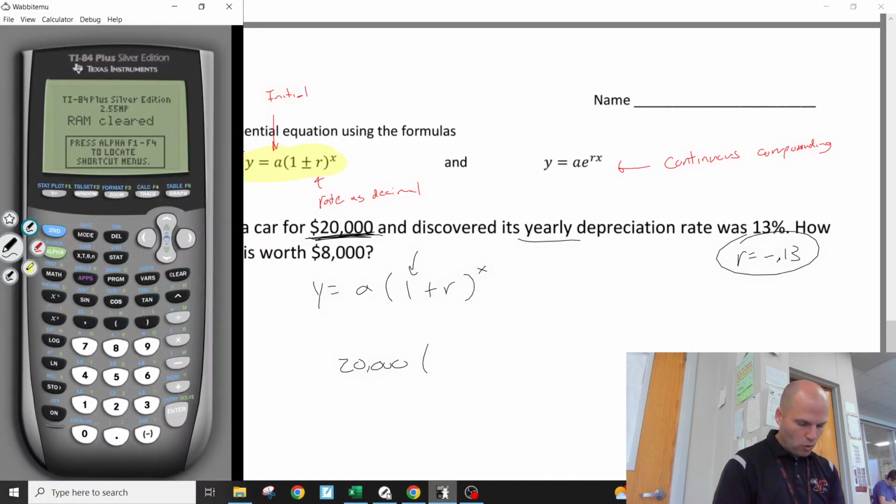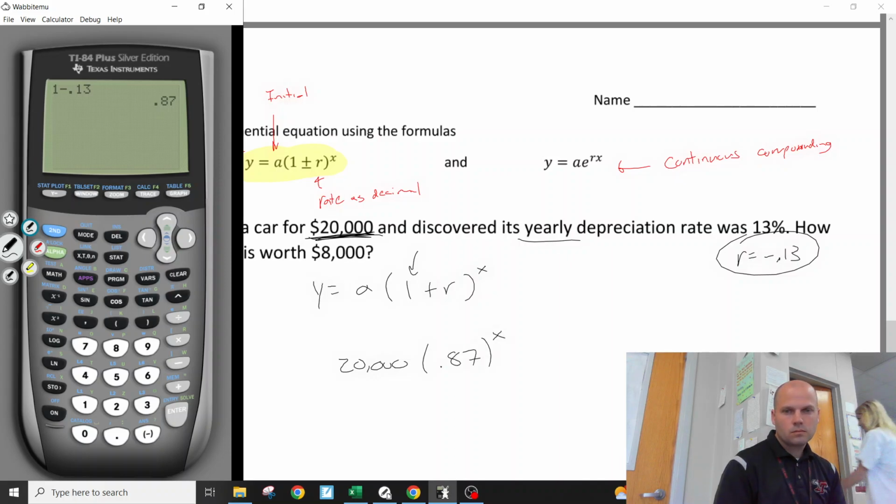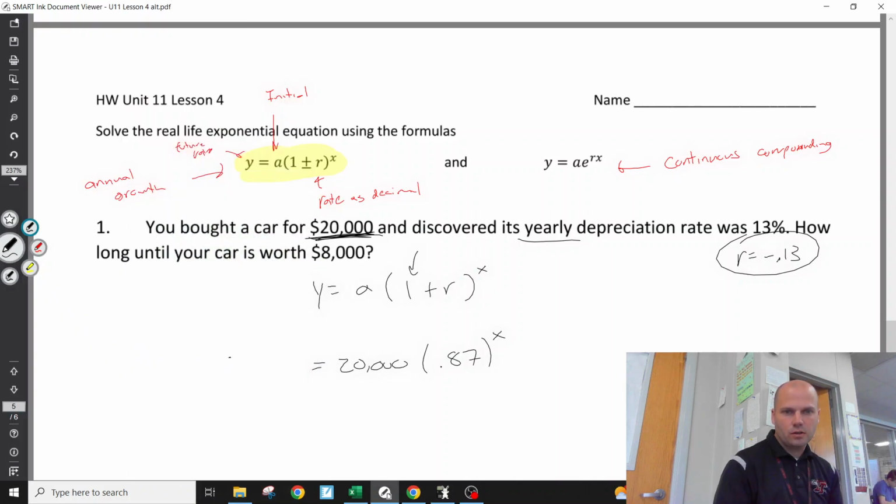In your calculator, do 1 minus or 1 plus a negative. And we're seeing how long it'll take until our car is worth $8,000.